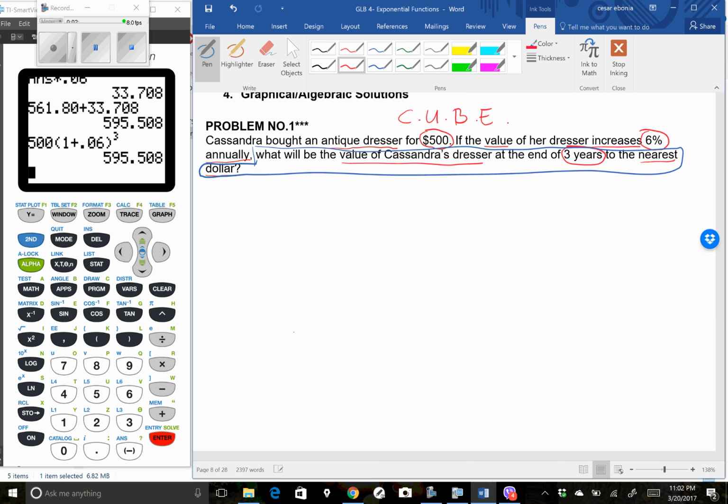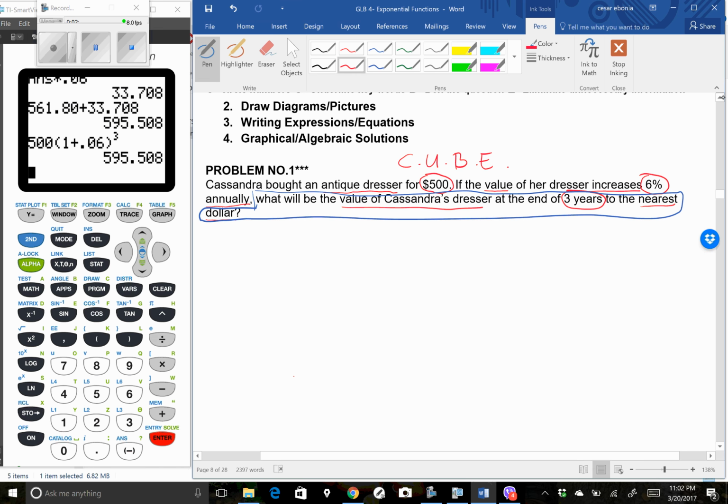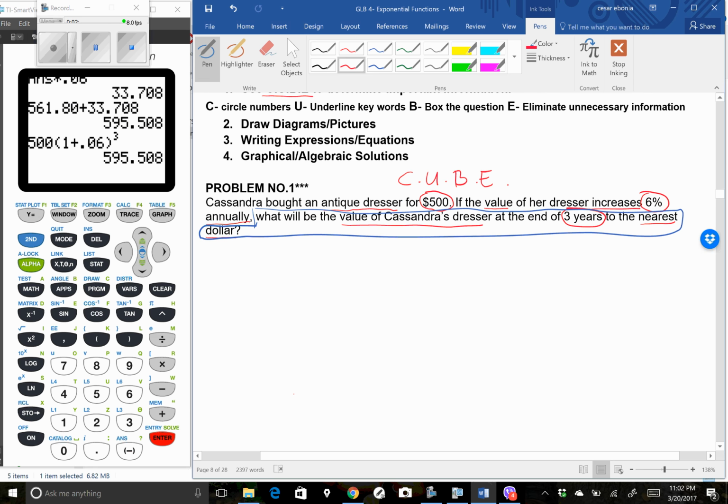Okay, the next thing I would like you to think about is what you need to do once you have identified important information. The best indicator that you understand the problem is when you are able to draw diagrams or pictures. So I suggest making a diagram to illustrate what the problem is all about.